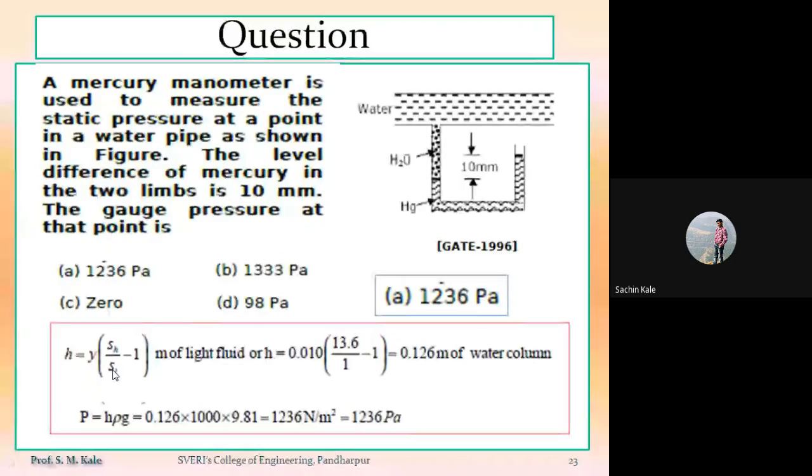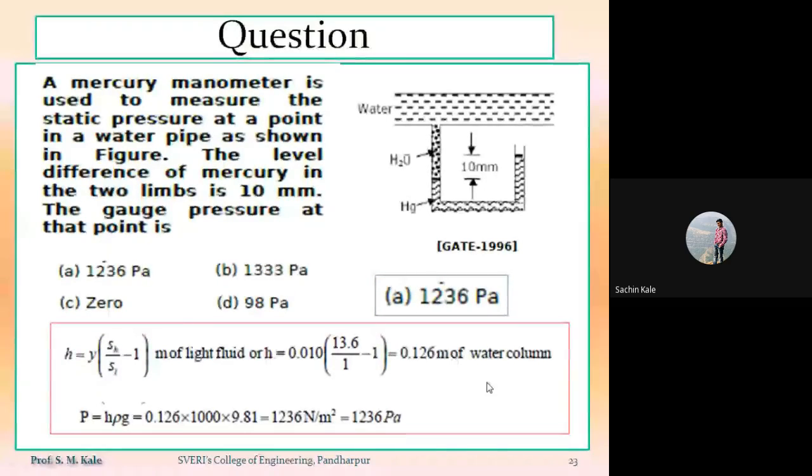That will be in meter of the fluid which is passing through the pipe. So 10 mm means value of Y is 0.010. Specific gravity of heavier fluid, mercury 13.6, water 1, minus 1. So you get the value of H as 0.126 meter of water column.